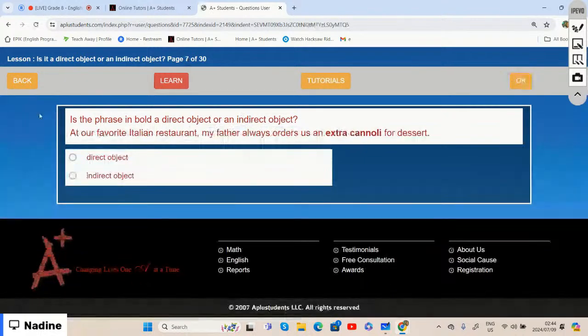All right, let's do the last one. And the last one is we need to say if the phrase, which is extra cannoli, is a direct object or an indirect object.